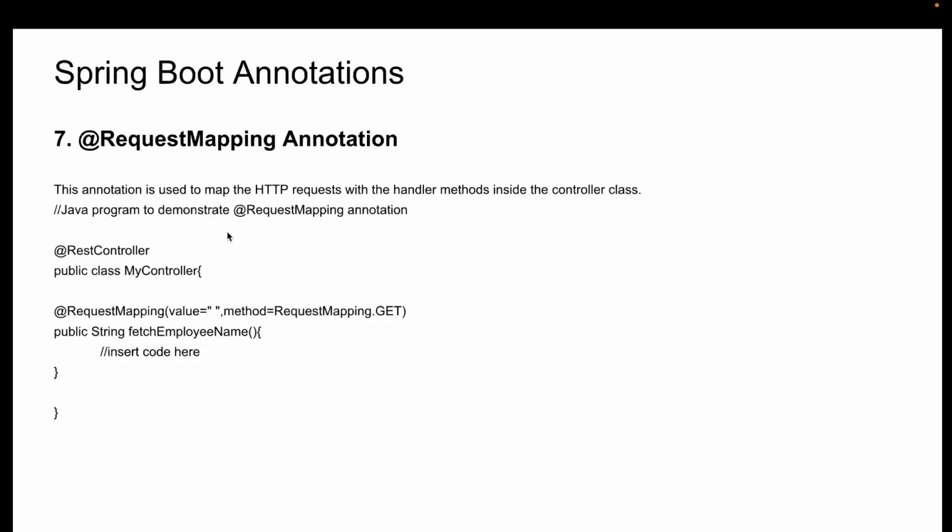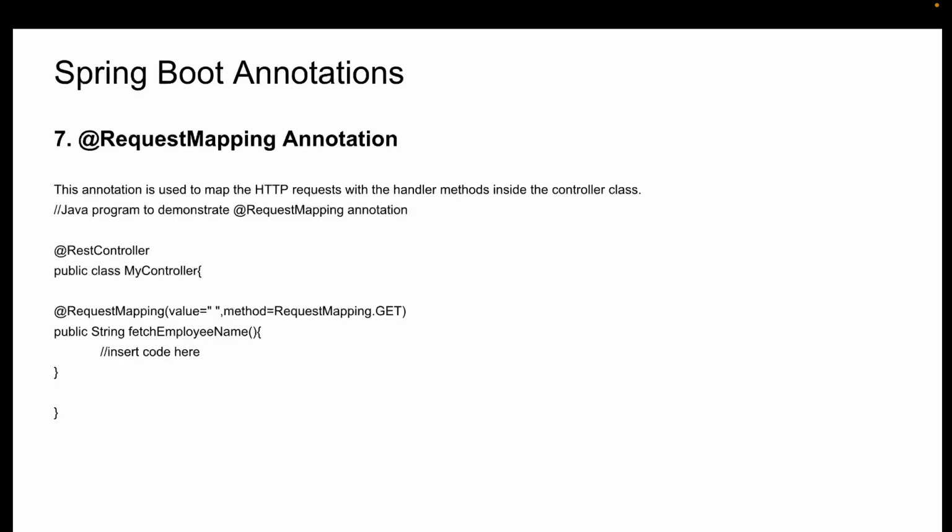Let's suppose we have a requirement where we want to fetch the employee name and return it. When we want to fetch an employee name, that means we are expecting a string output as a response.